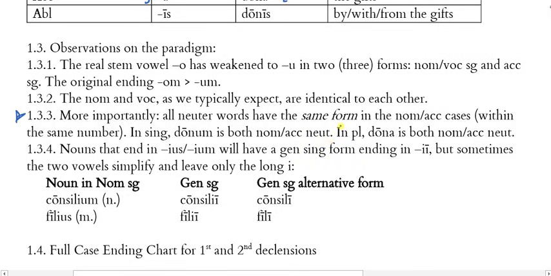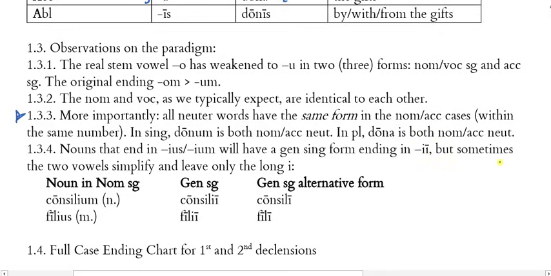All right. Now, one other comment here about forms is that nouns that end in -ius and -ium, -ius would be masculine and -ium would be neuter nouns. Whenever these have a genitive singular form, it's going to end with the short I from the I and E here, followed by the genitive case ending, which is the long I, so -ii.